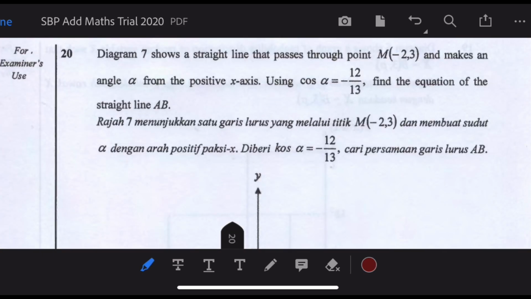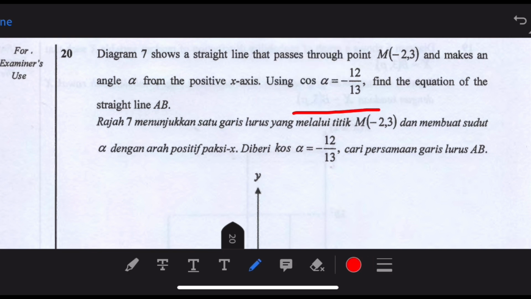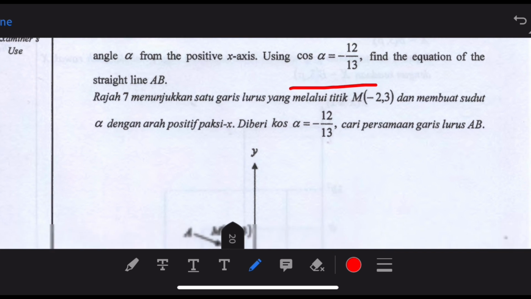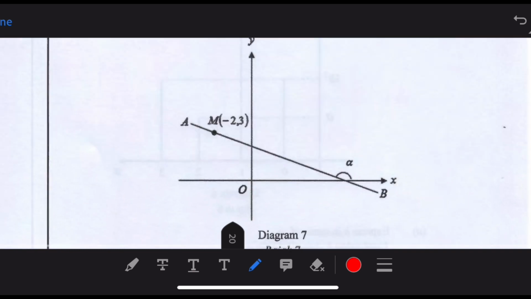Alright, this question is actually testing you on the concept of the gradient. They give you the trigo of cos alpha. So whenever the trigo is given, you can work out the other two. If they give you cosine, you can find tangent, you can find sine.